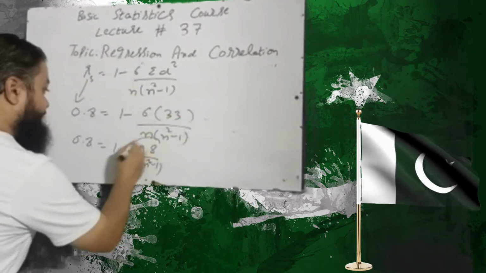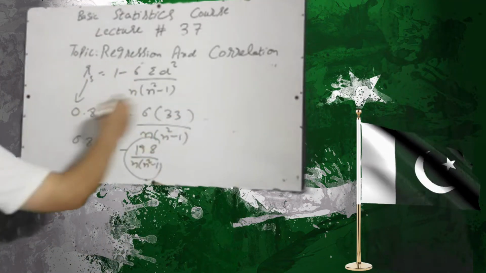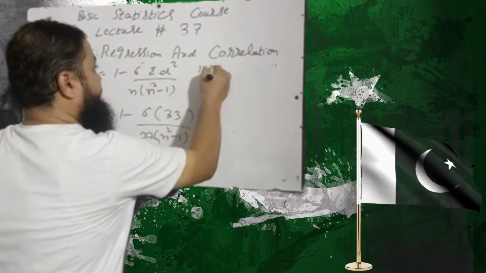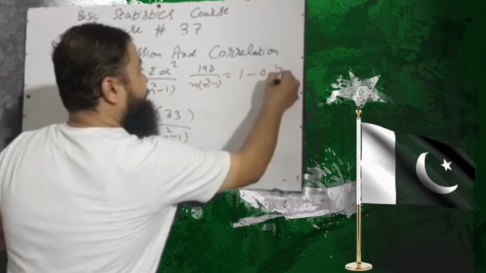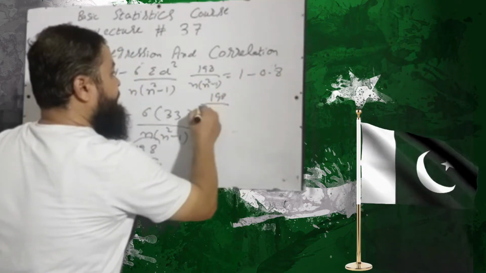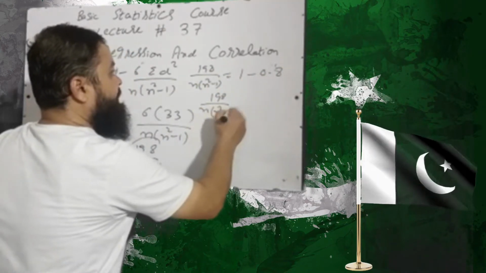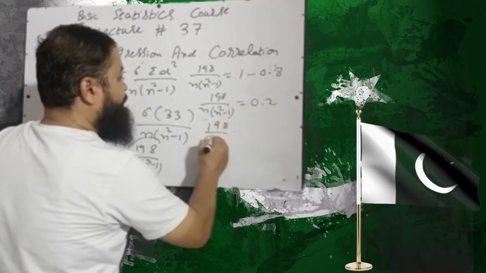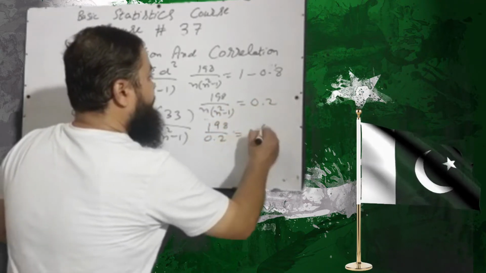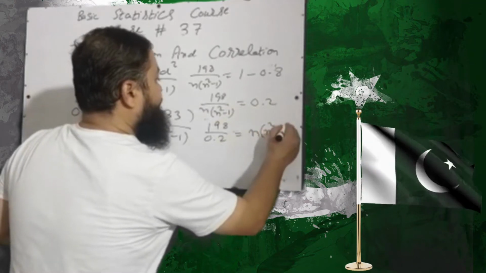Now I will shift that portion on the left side. 198 over n into n square minus 1 is equal to 1 minus 0.8, which is 0.2. So 198 divided by 0.2 is equal to n into n square minus 1.